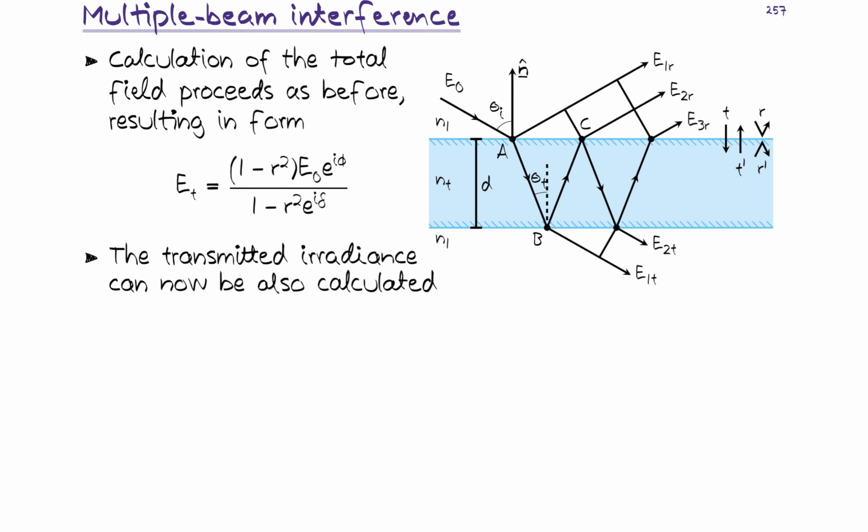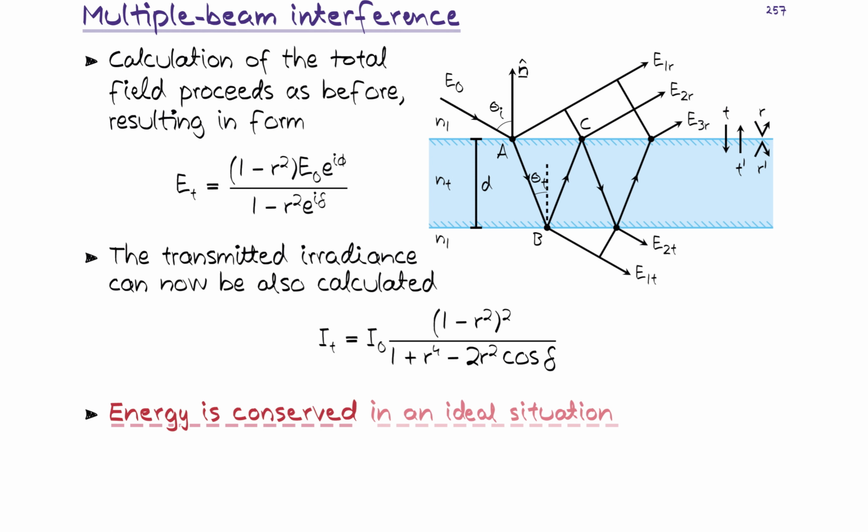We just take it to be proportional to the modulo square of my field, and now we can calculate the irradiance IT to be proportional to E0 squared times 1 minus r squared, this whole thing squared, and then we have 1 plus r to the power 4 minus 2 times r squared times cosine of delta as the denominator. I do not do the calculation, but you can verify it yourself that this very easily follows. Just remember that when we take the modulo square of these exponent terms, their lengths will be unity. So essentially they are drawing circles in the complex plane. That really helps in calculating the modulo square values of them.